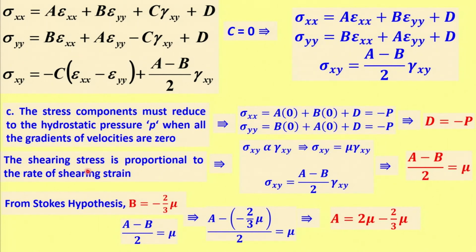And I know that shear stress is proportional to rate of shear strain. So I have sigma xy proportional to gamma xy, that is sigma xy equal to mu gamma xy. I have another equation, (a minus b) by 2 into gamma xy. That means (a minus b) by 2 is equal to mu, comparing these two equations. Here one thing I am telling without proof is by Stokes hypothesis.